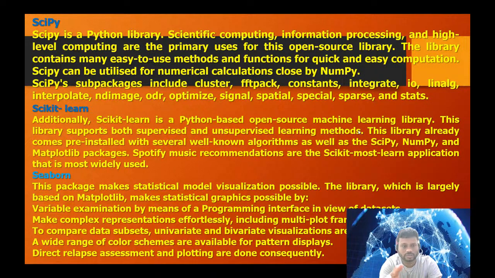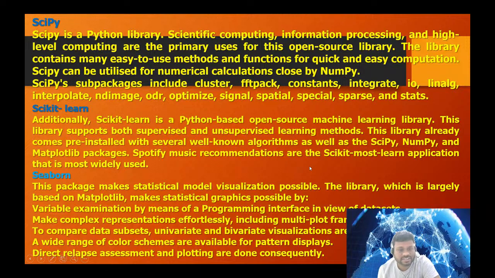You have to activate the scikit-learn package library. This library already comes pre-installed with several well-known algorithms as well as the SciPy, NumPy, and Matplotlib packages. So you have to first activate all of them, and then this will work under these packages. Now come to Seaborn.